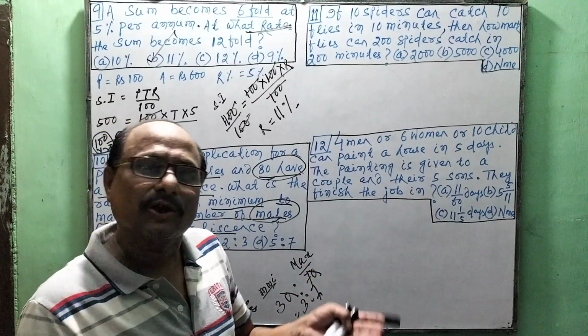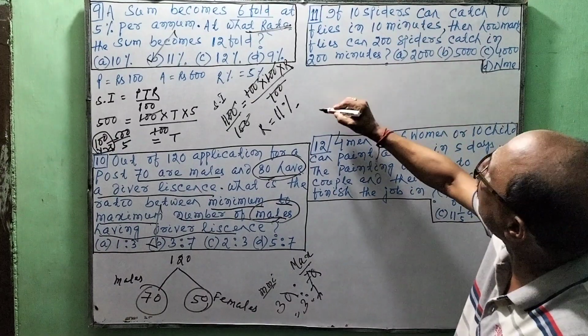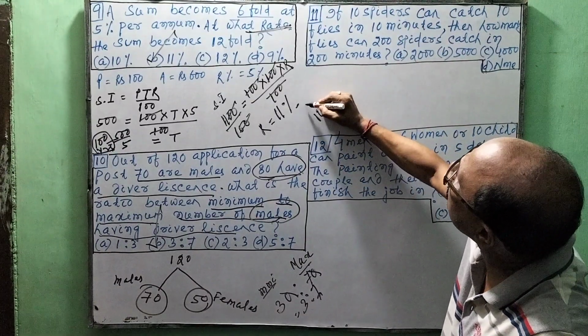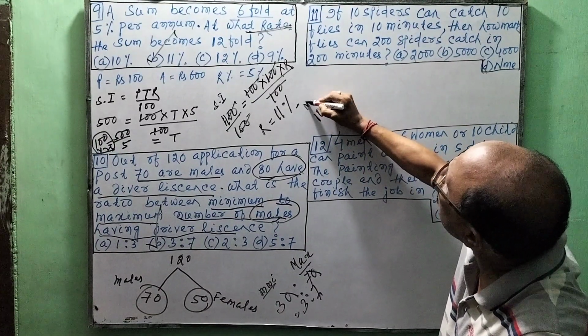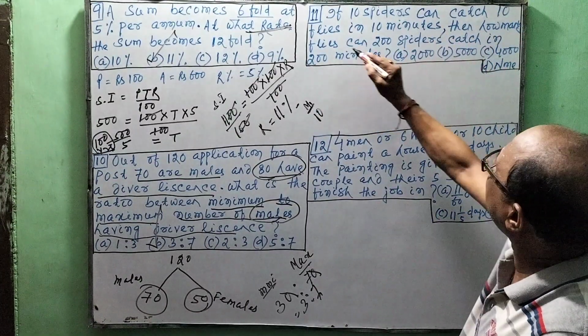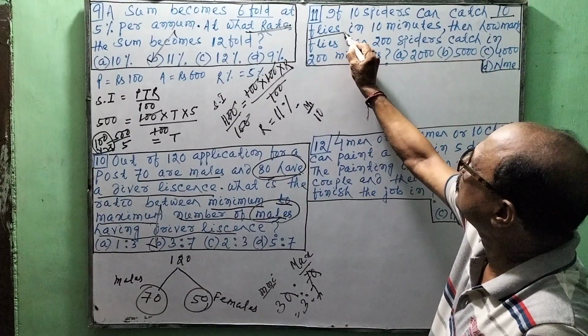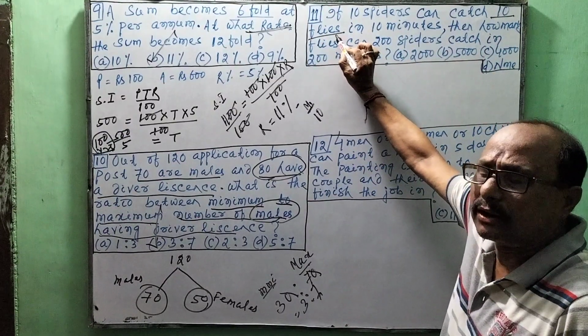Here is the formula. So we put it here. 10 spiders, suppose it is M1, can catch 10 flies. This is the work done, W1.